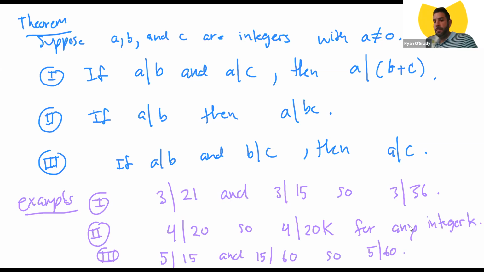Yes? The second one, you said 4 divides 20k for any k. Yeah, it can be anything. It doesn't have to be an integer. Well, that's not necessarily true, because if it's not an integer, then there's nothing to say that 20 times k is an integer, so dividing doesn't make sense. Say k is 1.5. Still it divides 20.